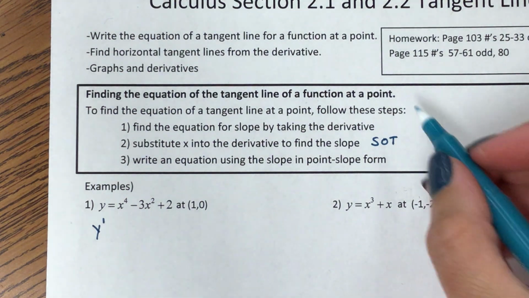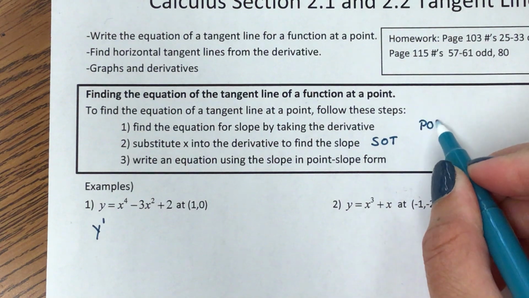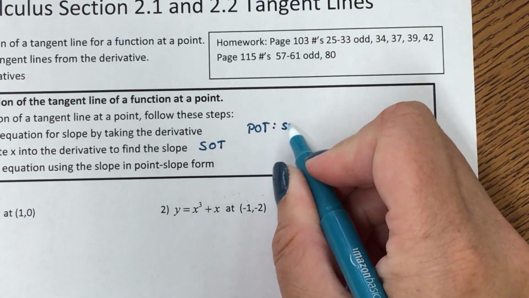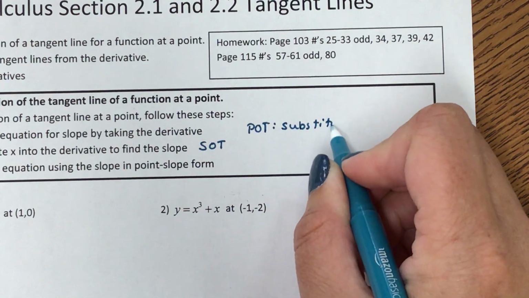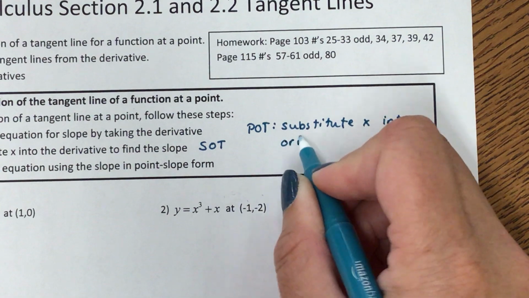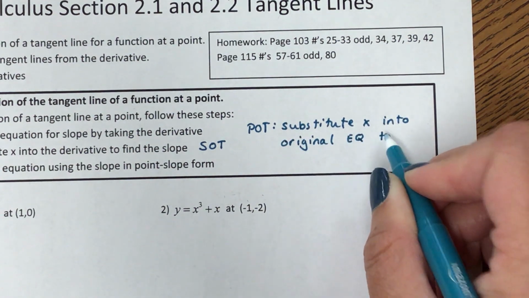So you also need the point of tangency. If they don't give you the point of tangency, substitute the x value into the original equation, EQ for equation, to find y.